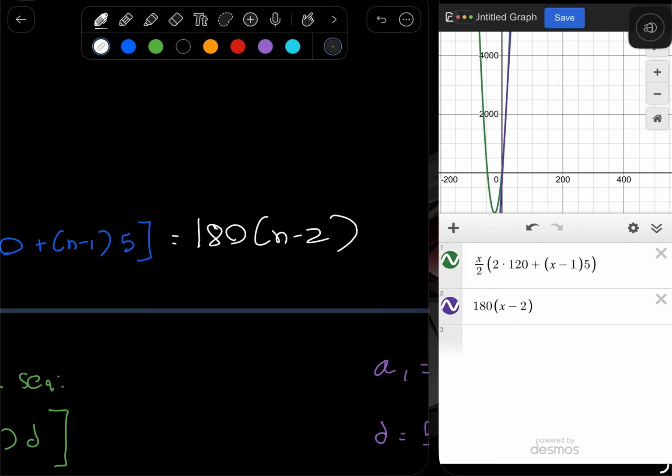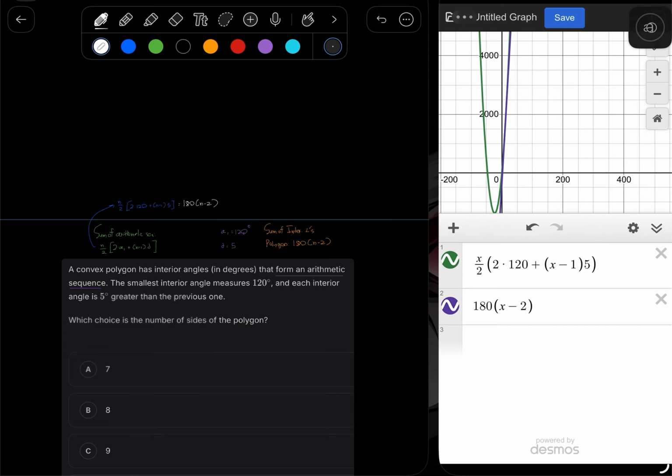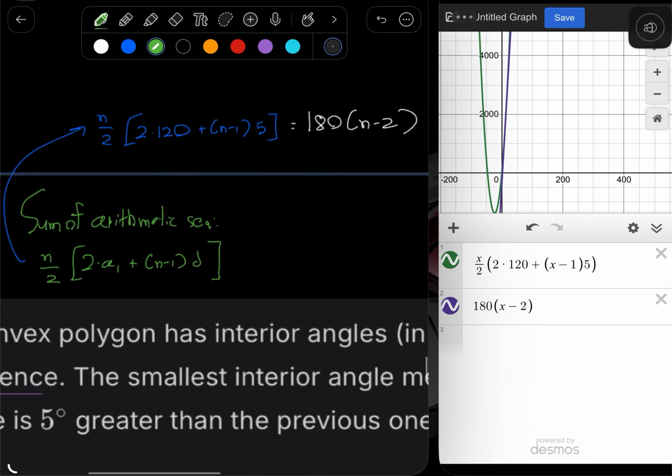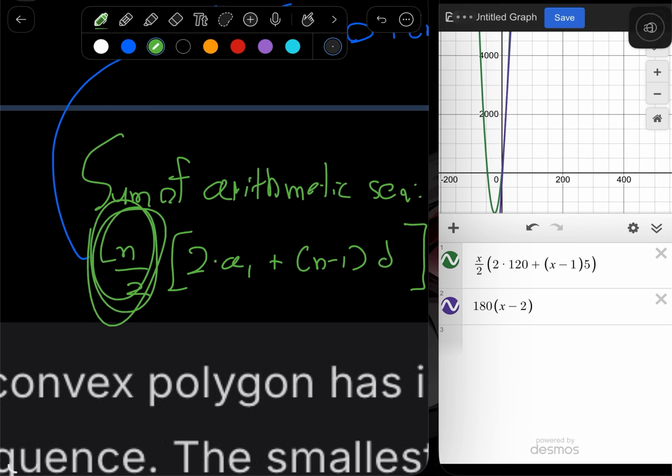So once again, we're given those two, and you're trying to find the value of n. Remember, n represents the number of sides. In the arithmetic sequence, n is the number of terms, but you have to realize that the number of terms is also going to be the number of sides, because it represents the amount of interior angles.